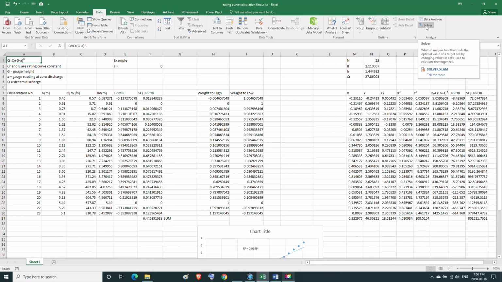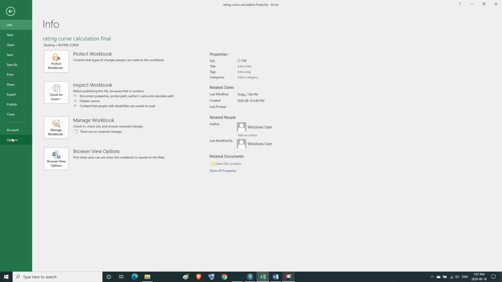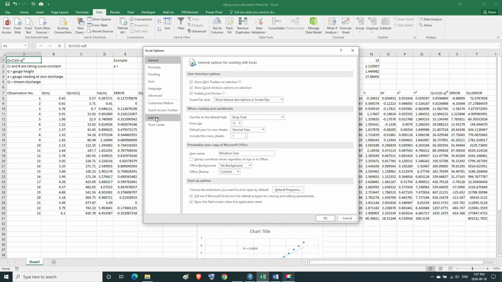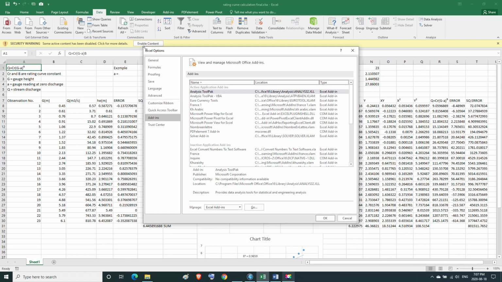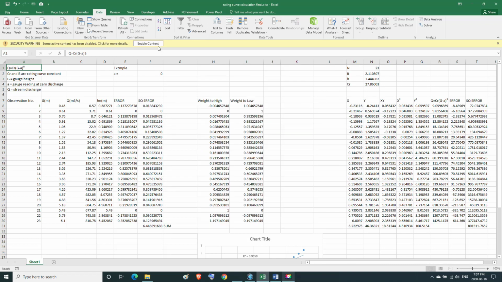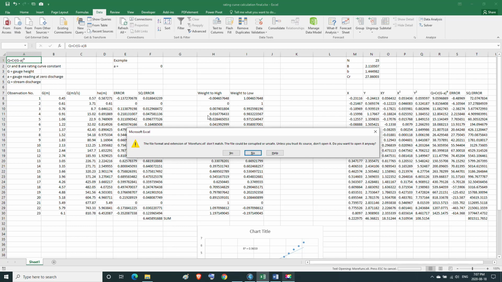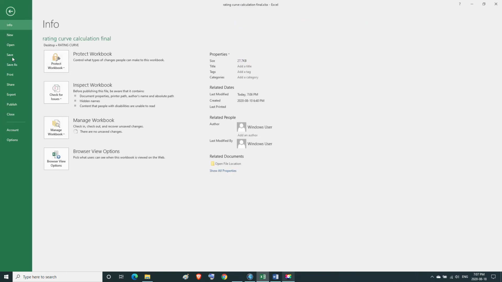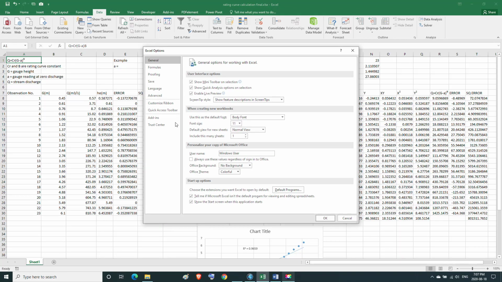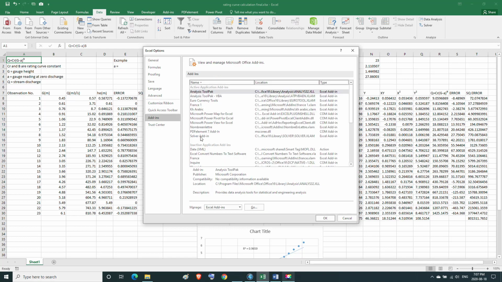Then we open the solver, and if the solver does not exist, we go to file, then options, then add-ins, then we choose solver, then OK.